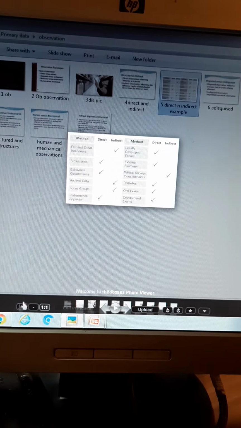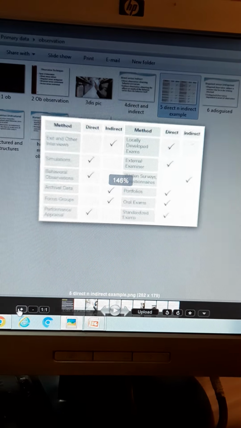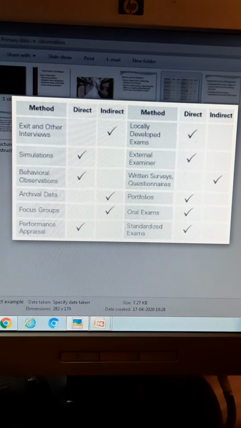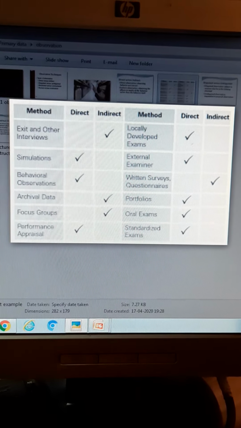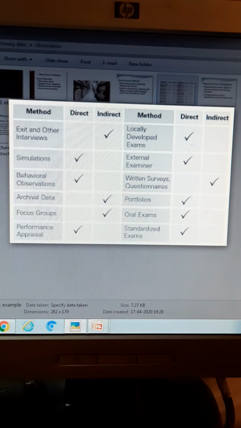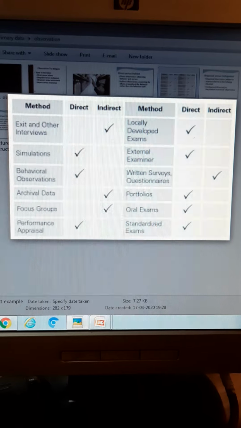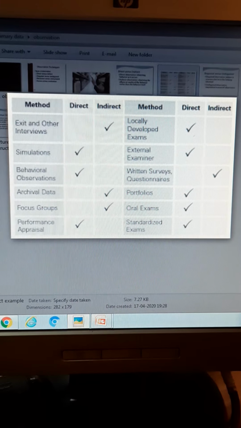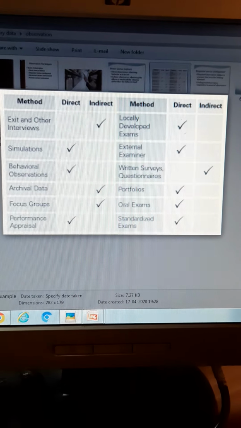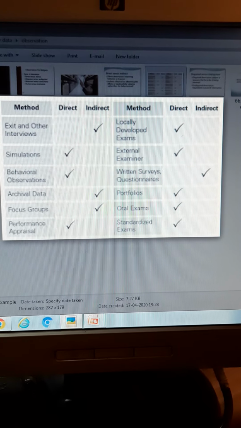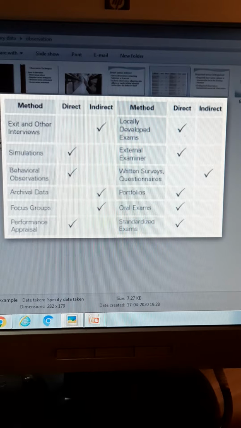In your normal day-to-day, what are the direct method, indirect method? Exit interview. Exit interview is when you are leaving the campus. Is it direct or indirect? Indirect. You collect some information from people and ask questions.